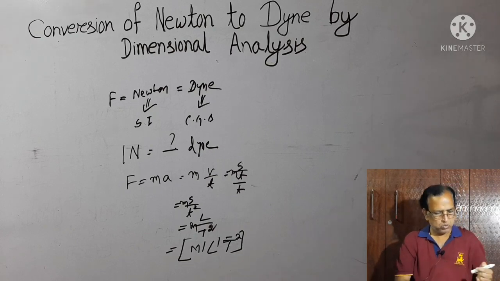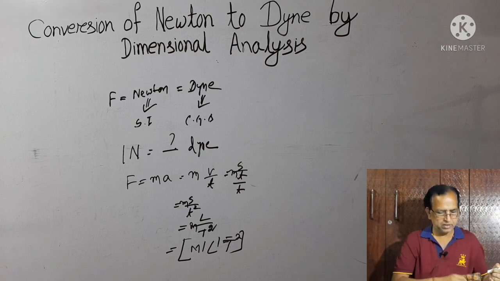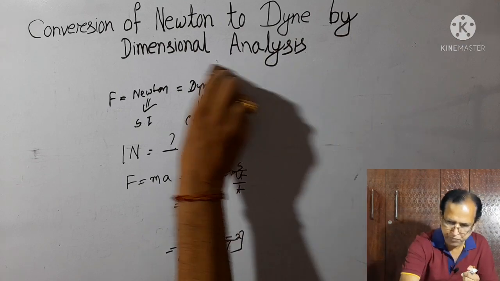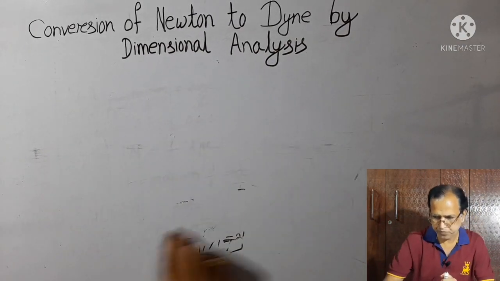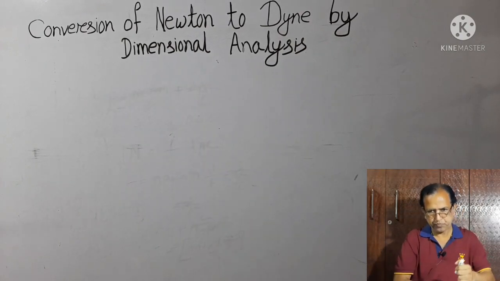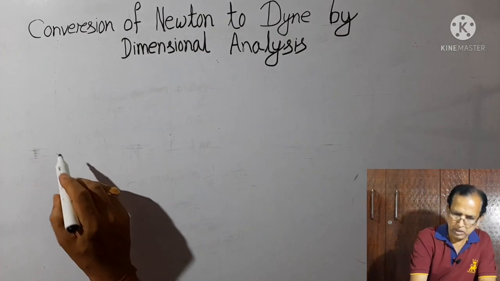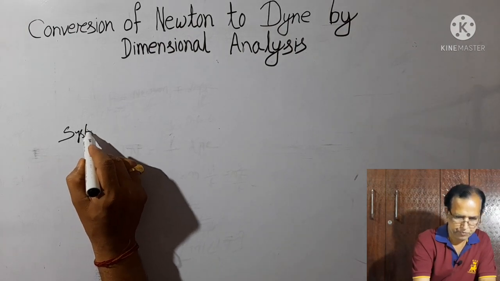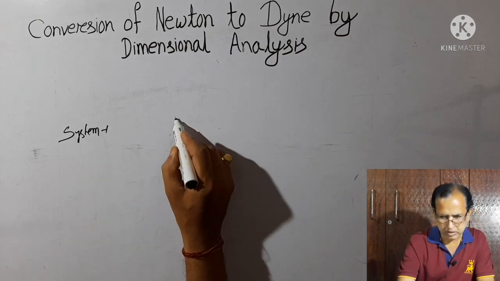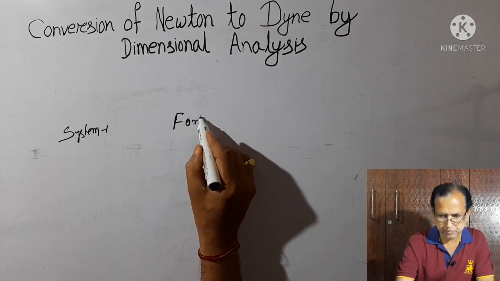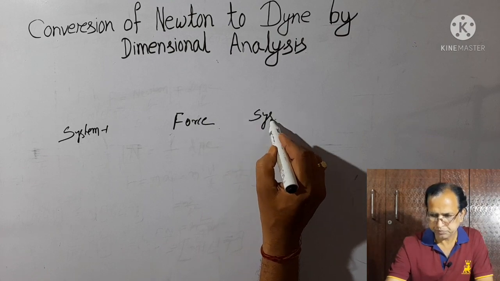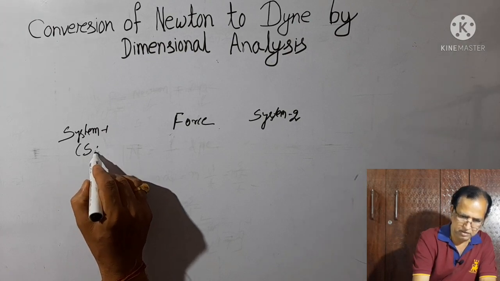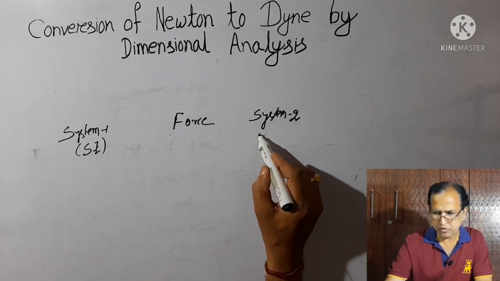Now we relate the Newton and Dyne. System 1 is SI, system 2 is CGS.